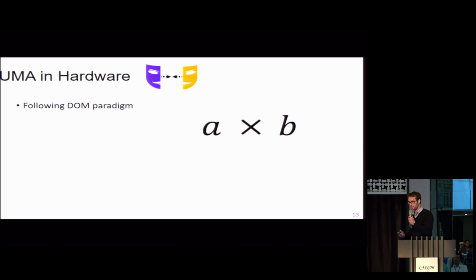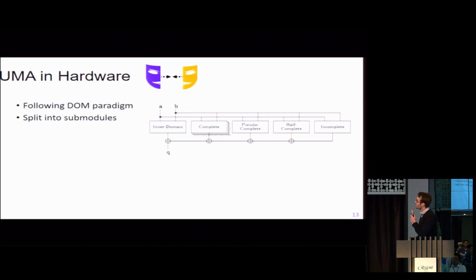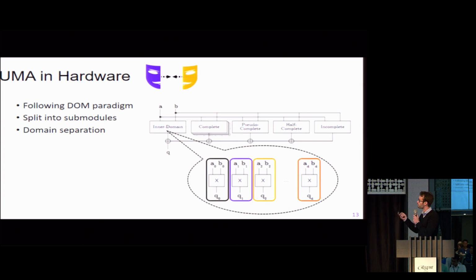We have the solution in software. For bringing it to hardware, we followed the domain-oriented masking scheme. Basically, we split up this multiplication into 5 basic building blocks that all follow the principle of domain-oriented masking. These are the building blocks that we already had in software before. All these blocks follow this principle of domain separation.